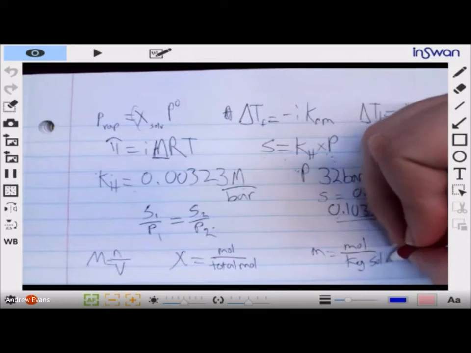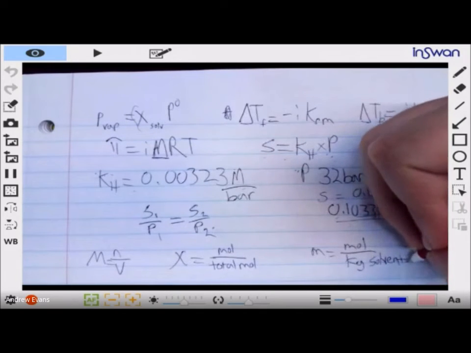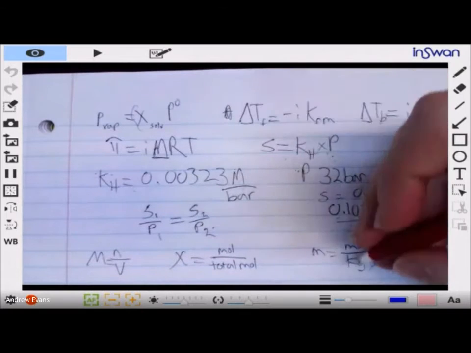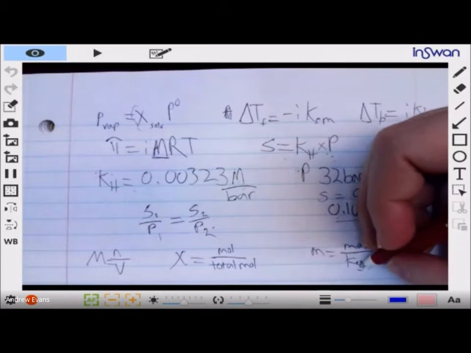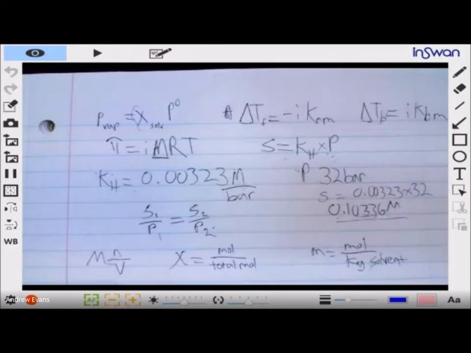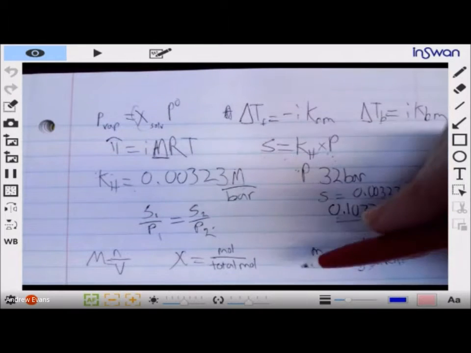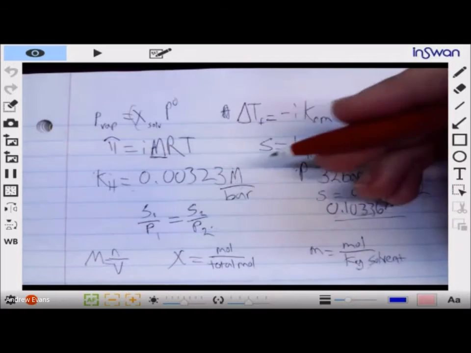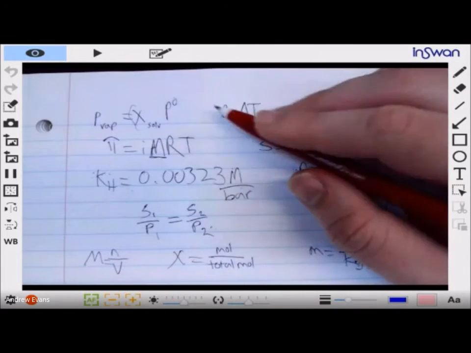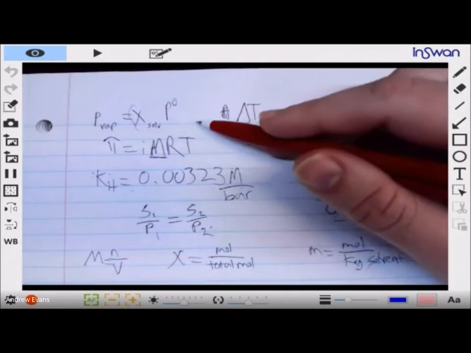So in this case, we are separating our solute from our solvent. So instead of liters of solution, it's mass of the solvent alone. So let's try a couple quick questions with these guys.